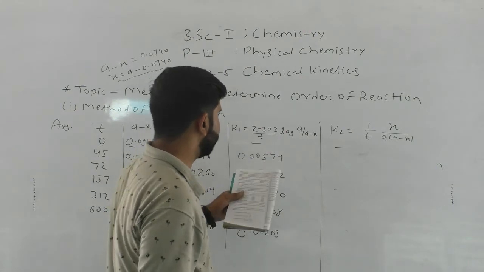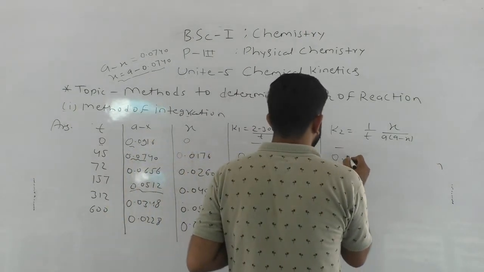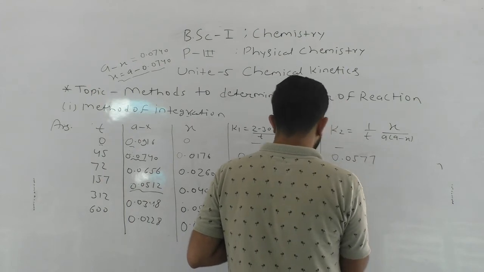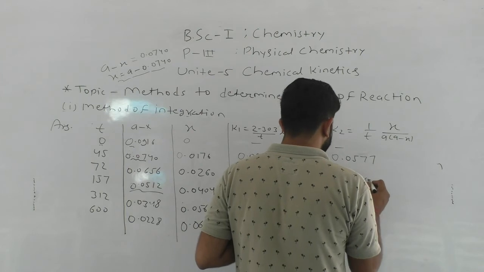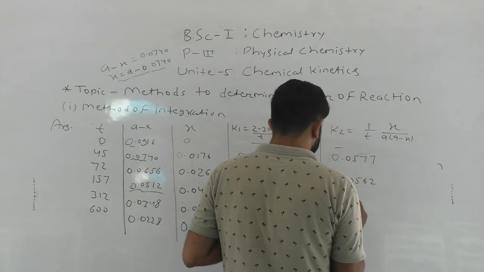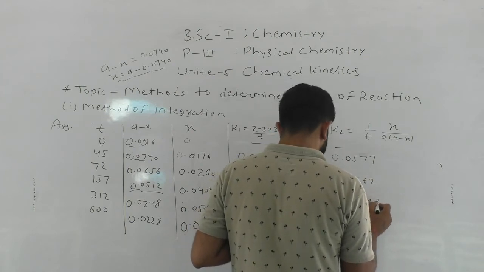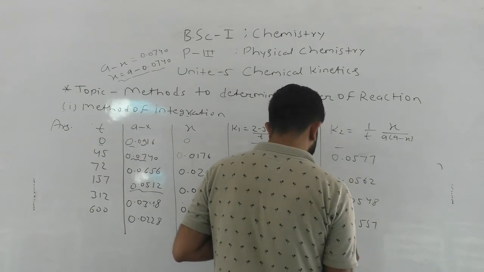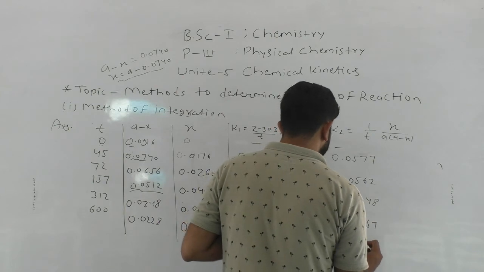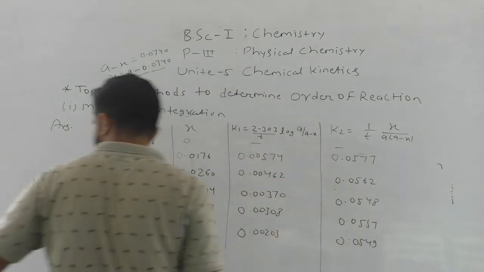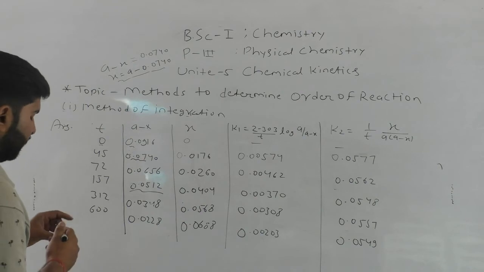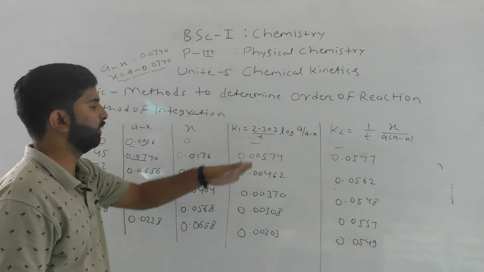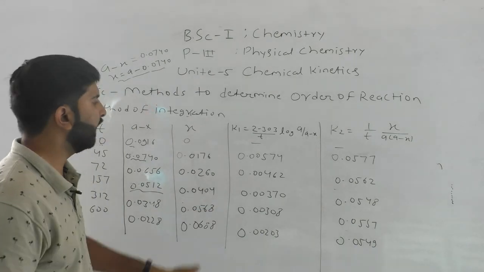For the second observation, the value of K comes out as 0.0577, 0.0562, 0.0548, 0.0557, and at last 0.0549. So these are the calculations of K for each type of integrated rate equation.